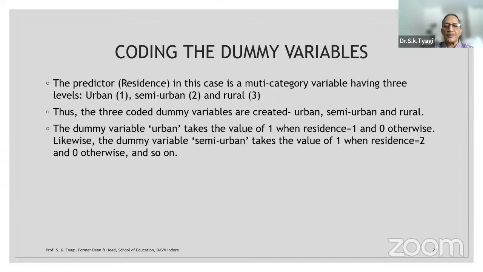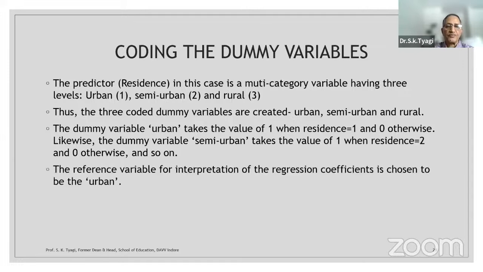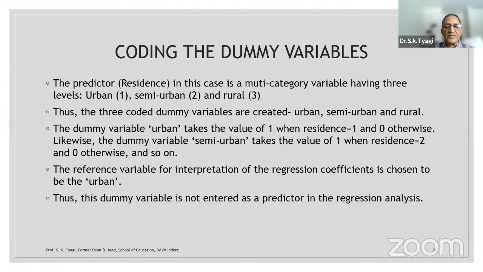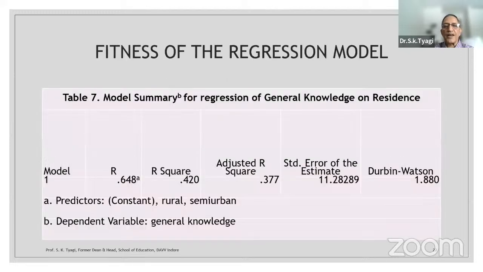Likewise, dummy variable semi-urban takes the value 1 when residence is 2 and 0 otherwise, and so on. The reference variable for interpretation of the regression coefficient is chosen to be urban. Thus, urban is not entered in the regression analysis as a predictor. The SPSS output is presented in tables 7 to 9.